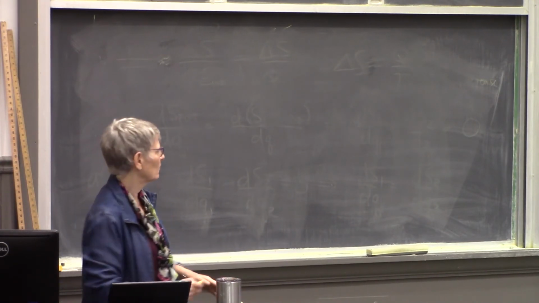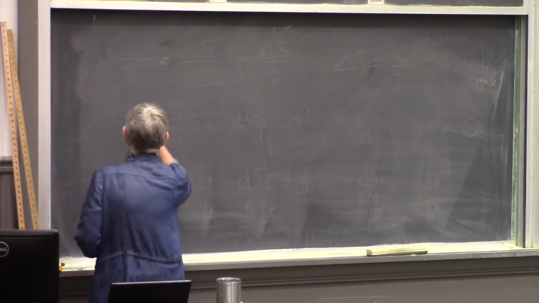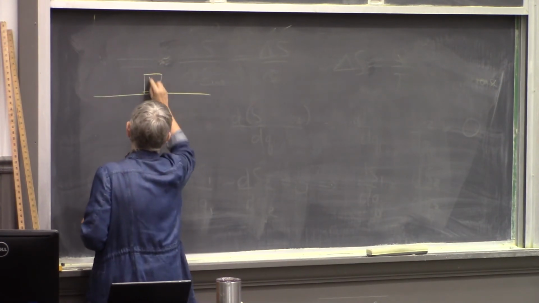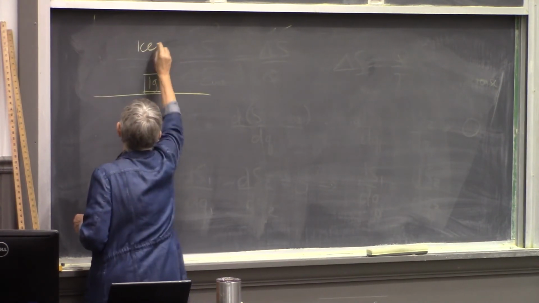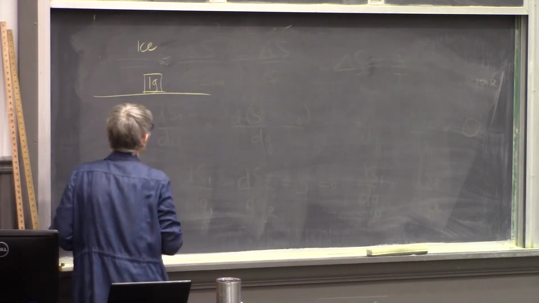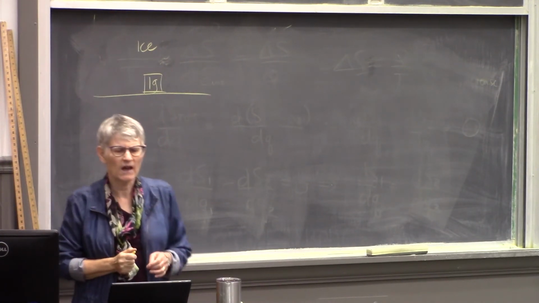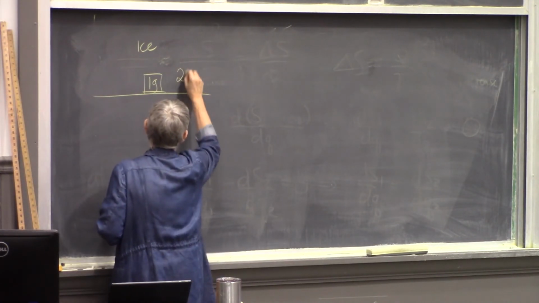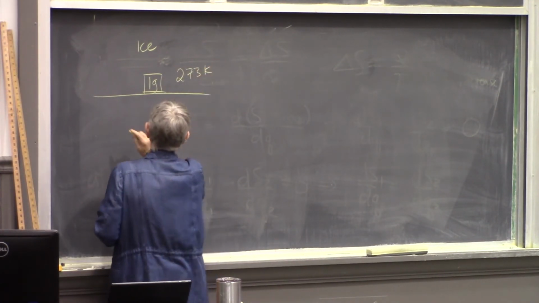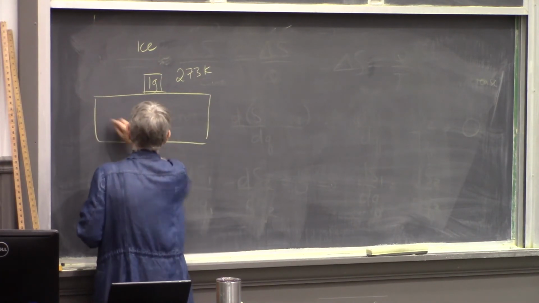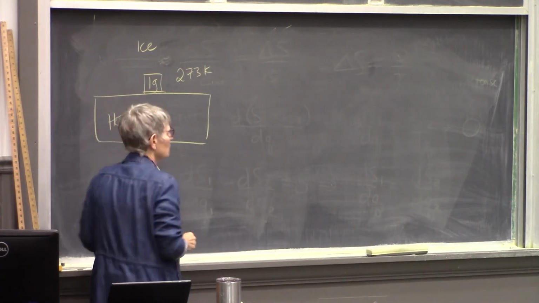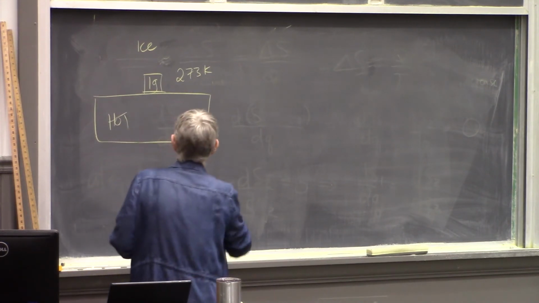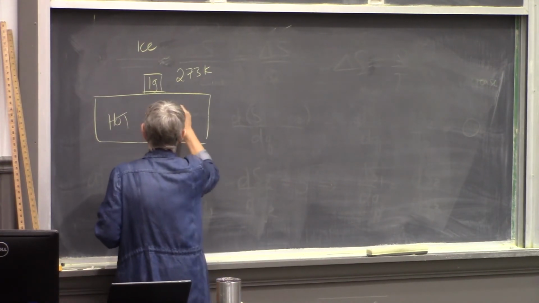Okay, so let's think of the following situation. We're going to melt some ice. So we have a gram of ice. The ice is at 273 Kelvin, which of course is a melting point, and it's sitting on a hot metal surface, which is at 293 Kelvin, okay, room temperature.